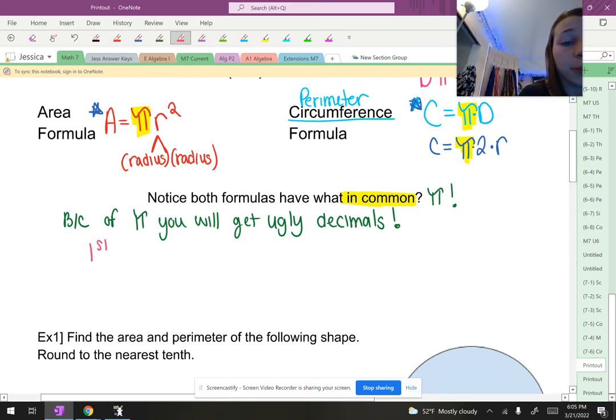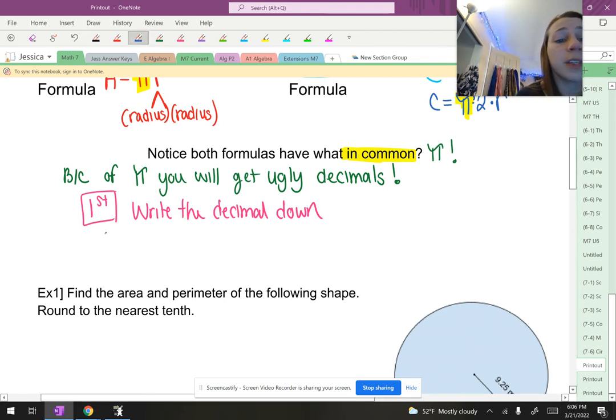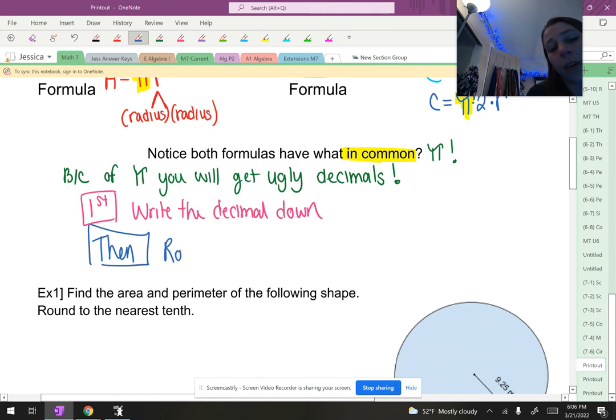First and foremost, make sure you write your decimal down first. This will prevent you from losing points in the event you make a mistake when you're rounding, because then your second step, you can round accordingly.